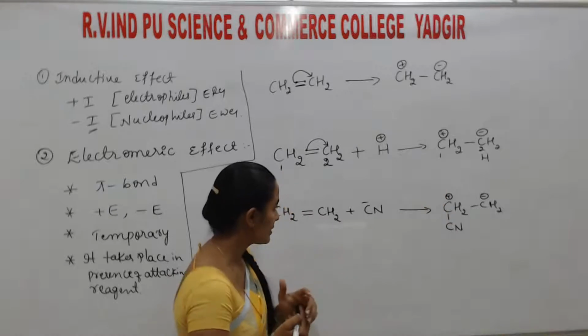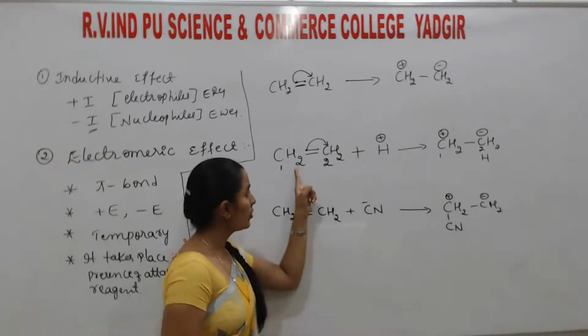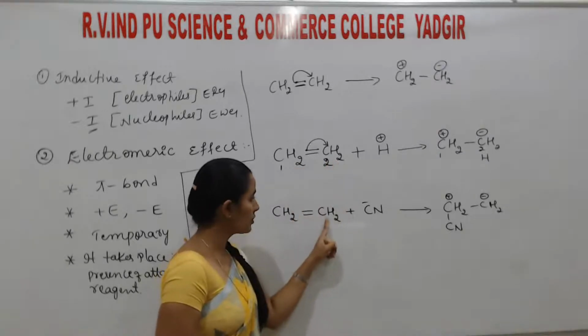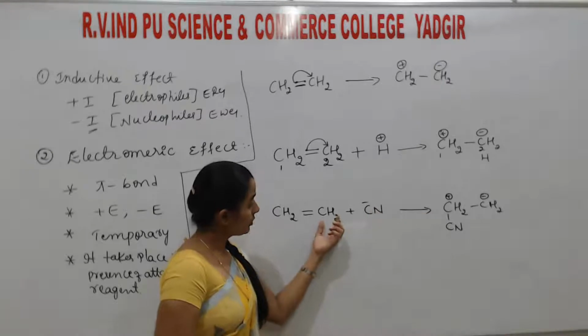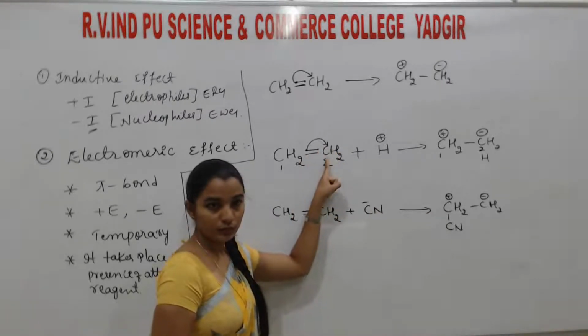Understood? So listen, here what happens? In both cases, electrons are transferred to carbon atom 2 only. This is also 1, 2. In both cases, electrons are transferred to carbon atom 2.